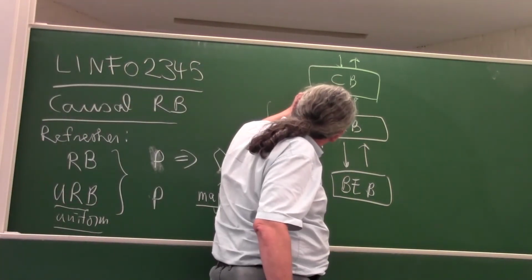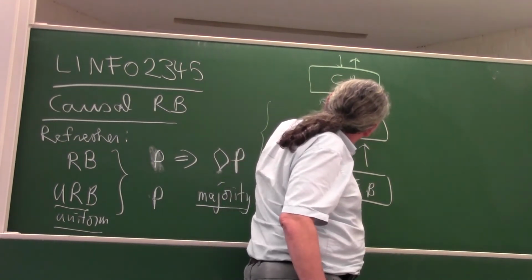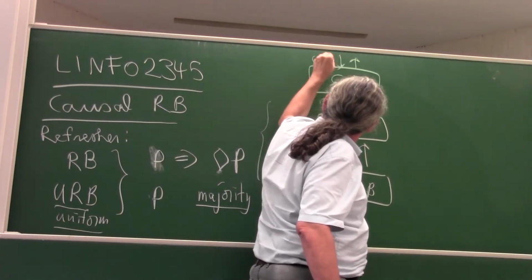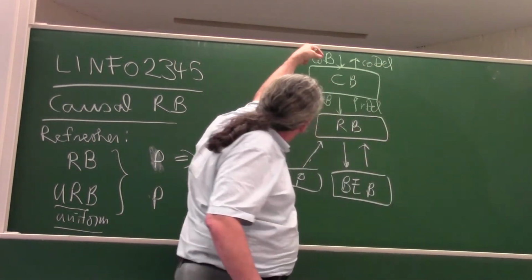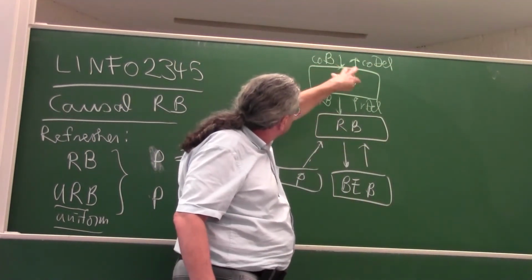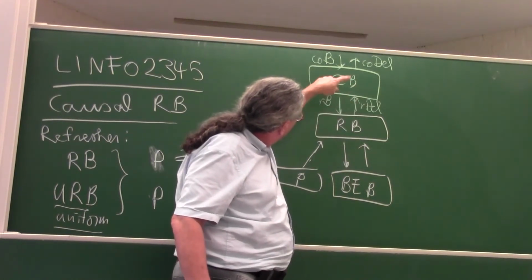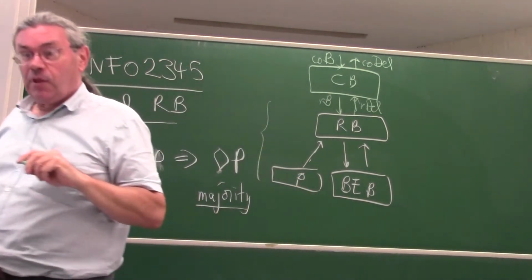Here you have a reliable broadcast, here you have a reliable deliver. Here I have causal order broadcast, causal order deliver. If I do causal order broadcast, this algorithm will use reliable broadcast to do stuff, and eventually it will do causal order deliver.